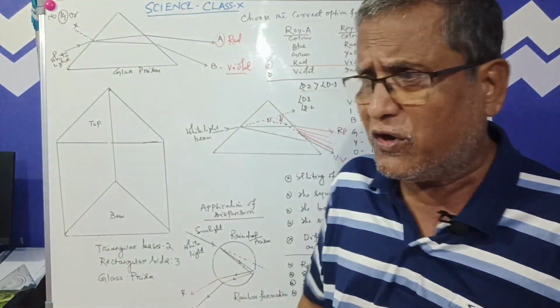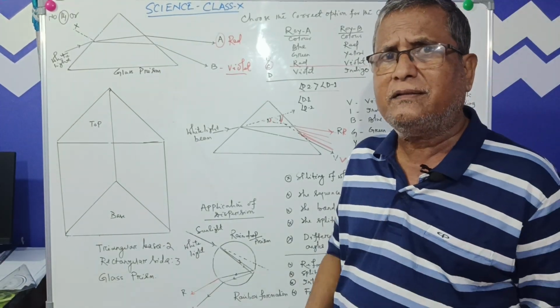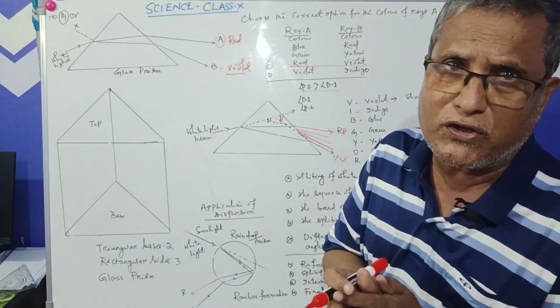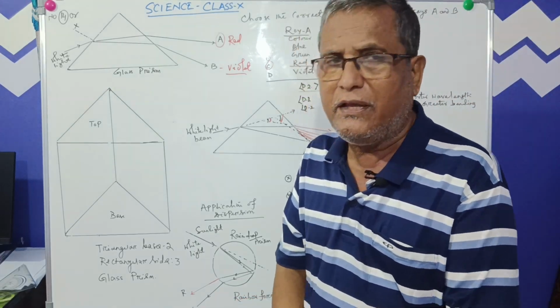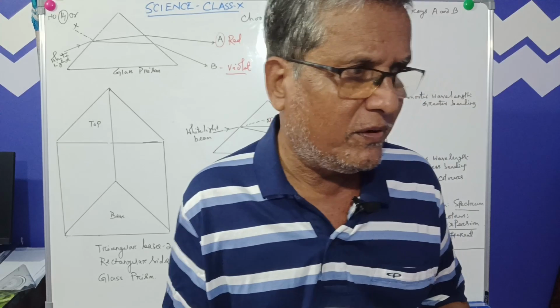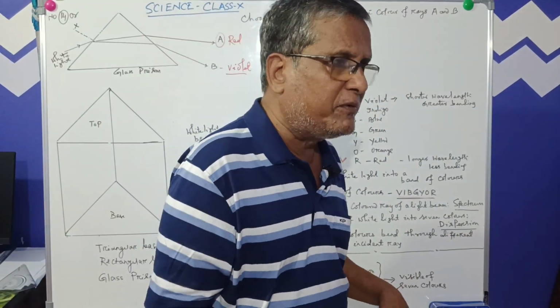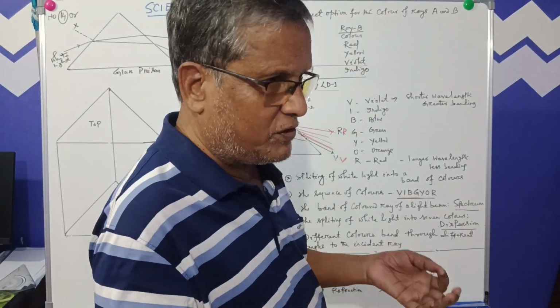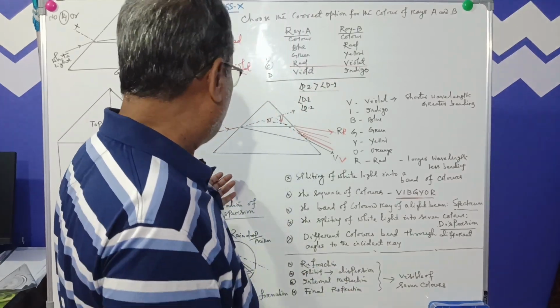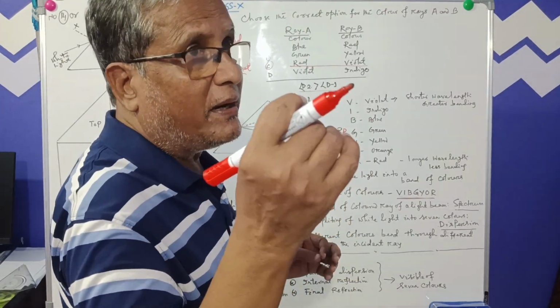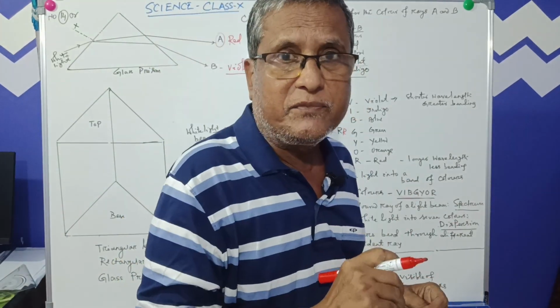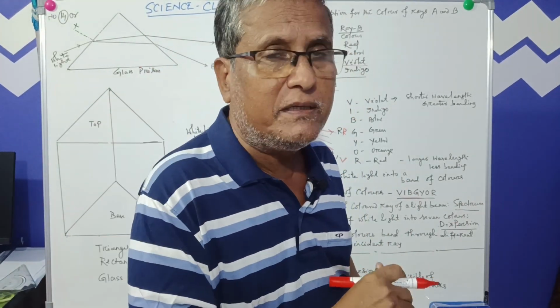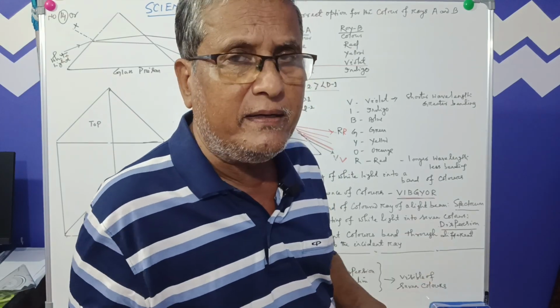So let's discuss another thing, the application of dispersion in a natural occurrence. You might have seen, after a shower, after a short rainfall, when there are water droplets floating in the atmosphere, we find a rainbow.